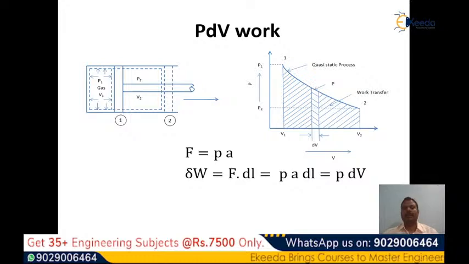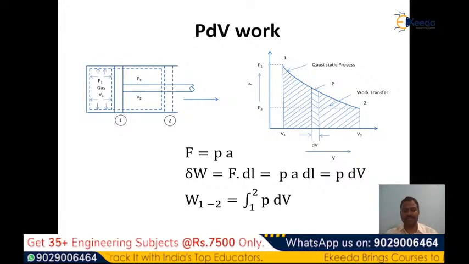Here area into length is volume. So area into infinitesimal distance traveled is the infinitesimal displacement volume dV. So this is pressure into dV, P into dV. It is the infinitesimal work done when the piston moves by an infinitesimal distance dl.